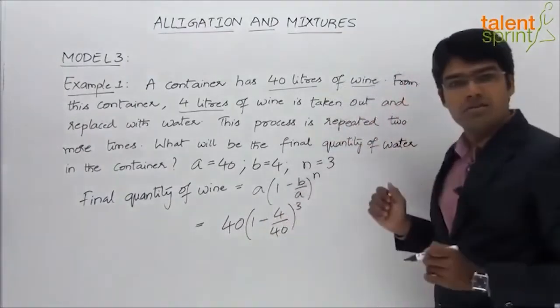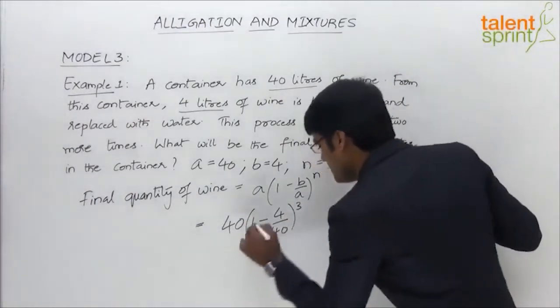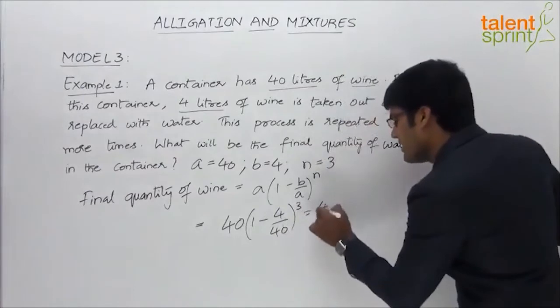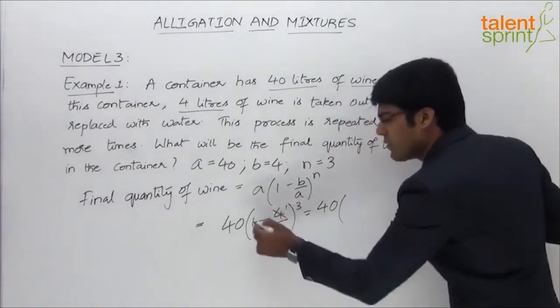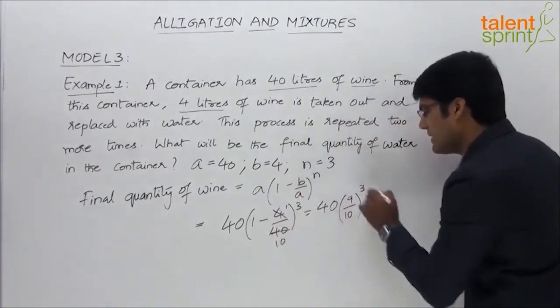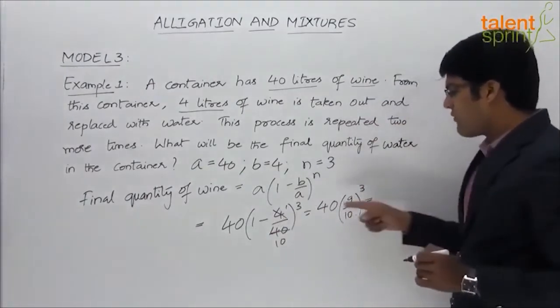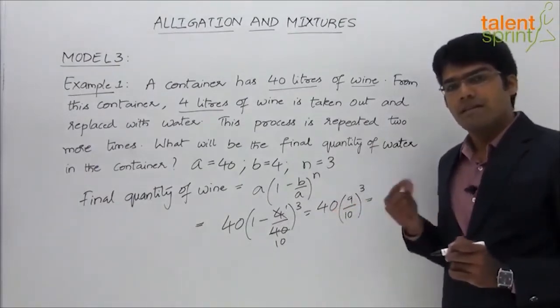N here is 3, because we have performed this operation 3 times. So on simplification, we get 40 into (1 minus 4 by 40), or this is nothing but 1 by 10. So 1 minus 1 by 10 is 9 by 10, 9 by 10 whole to the power of 3. So this will be equal to 40 into 9 cube by 10 cube. What is 9 cube? 729.